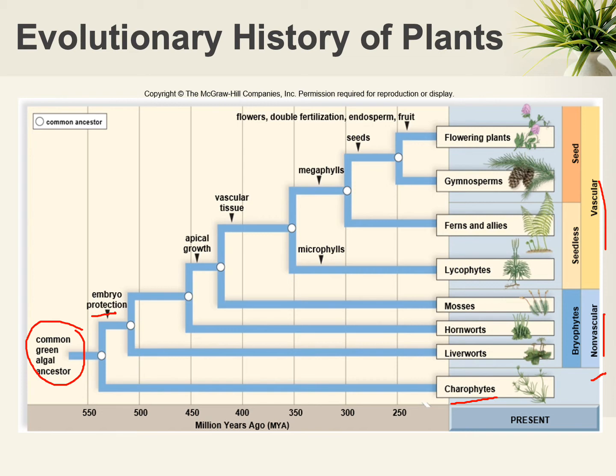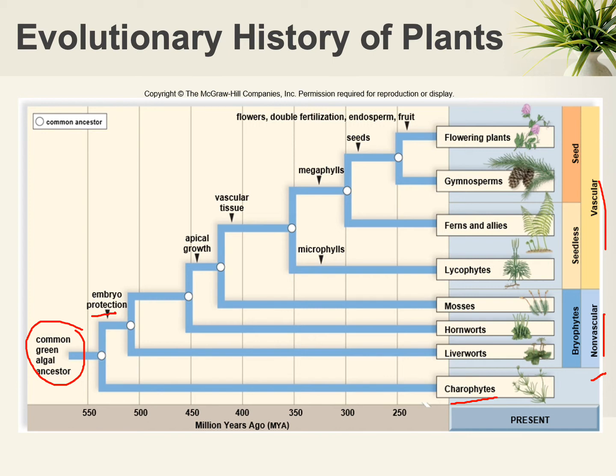We have the phloem, which is the vessel that transports the food, and the xylem, which is the vessel that transports water. On the other hand, the non-vascular plant doesn't have a vascular system. This means that non-vascular plants are much smaller than vascular plants, and this is one of the simplest ways to distinguish between them.